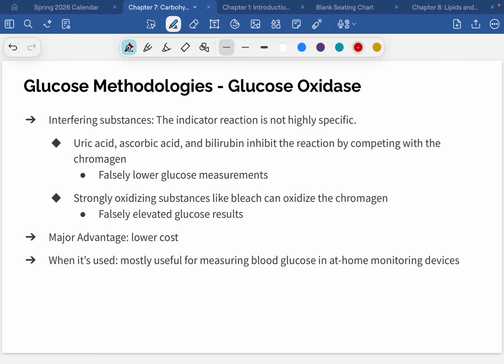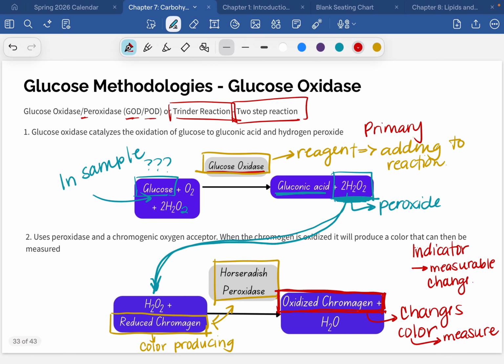So when we're looking at this glucose oxidase methodology, it does have some limitations. It is a relatively good measurement. However, this indicator reaction is not highly specific, meaning that this indicator reaction down at the bottom, that chromogen, is going to react with any hydrogen peroxide.